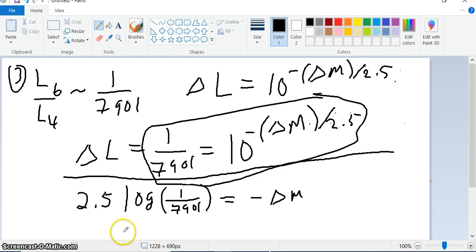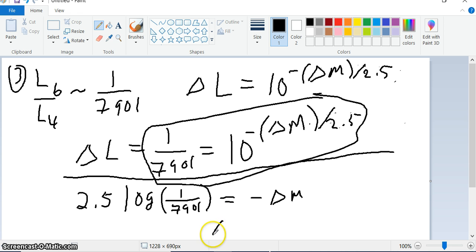You take the logarithm of both sides of this equation, bring the 2.5 over, and so it's going to be 2.5 times the log of 1 over 7,901. Remember that you still get the negative, but really we're just interested in what the change in the magnitude is.